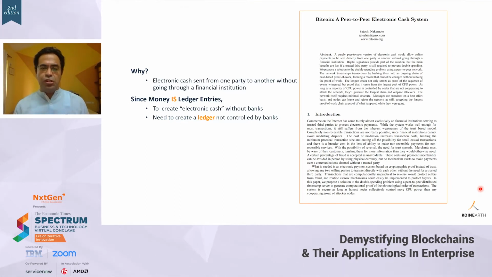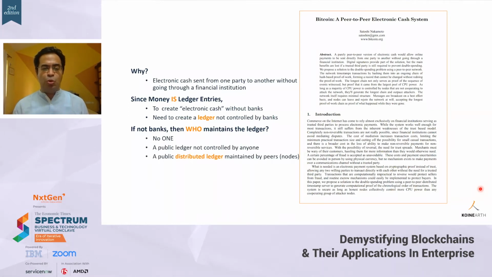The $1 million question then came up: if you have to create a ledger which is not controlled by banks, then who should control this? We didn't want any single party to control this, because otherwise you would be back to the original problem, centralization of too much control and power with a few financial institutions. And the answer that they came up with was that no one entity should maintain this ledger.